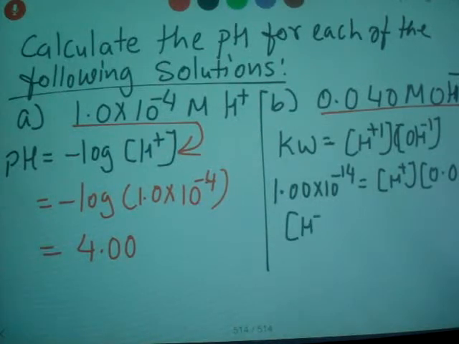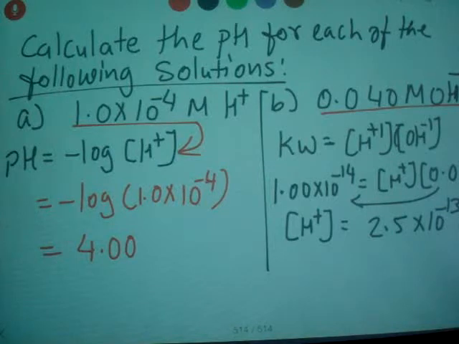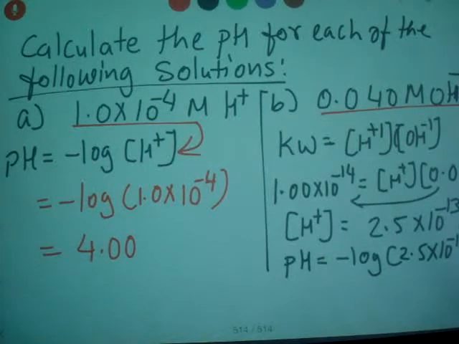So when you calculate the H plus ion concentration, you can divide: 1 times 10 raised to minus 14 divided by 0.04. So you get 2.5 times 10 raised to minus 13 molar H plus ion concentration. Now you know that pH equals negative log H plus ion concentration. So for 2.5 times 10 raised to minus 13 molar, you get pH 12.60. So that's the pH of that solution.